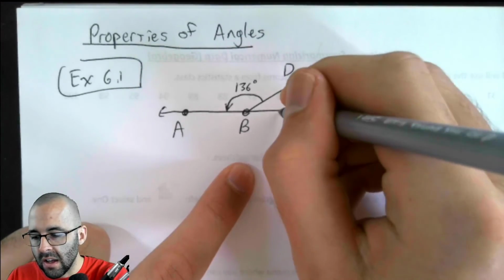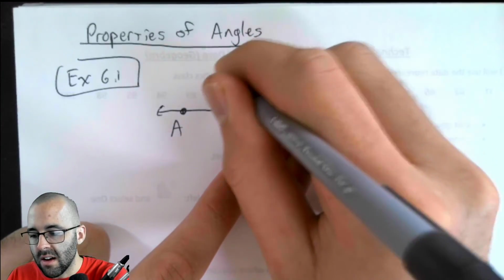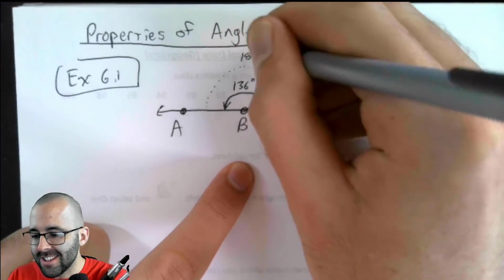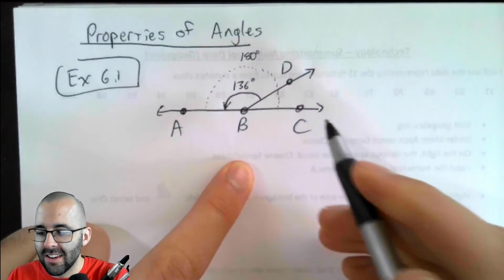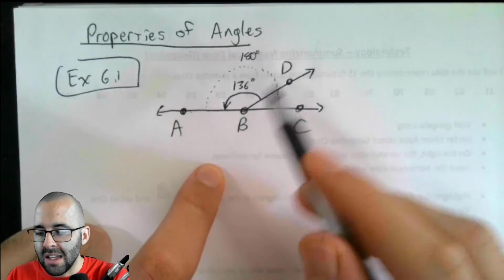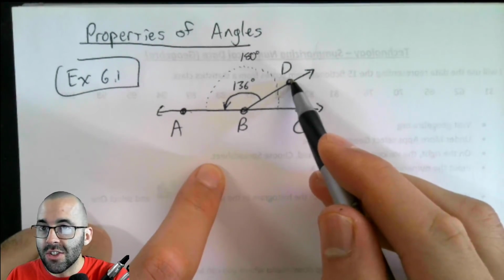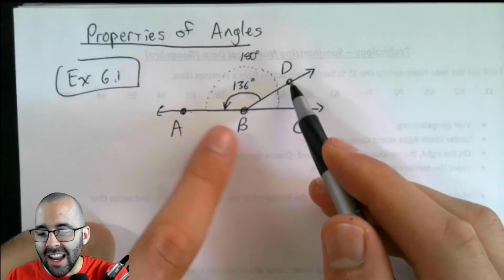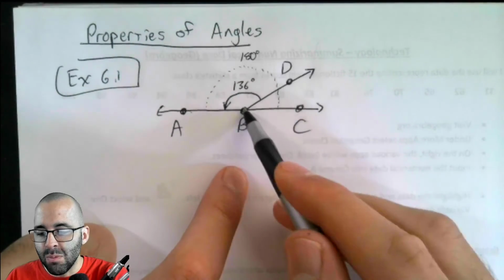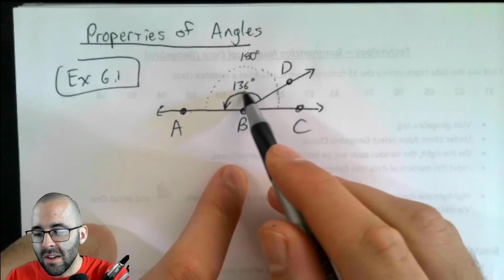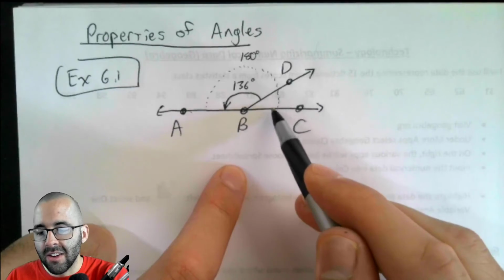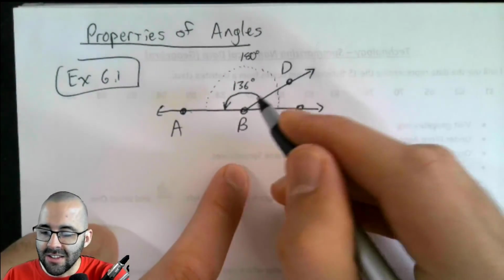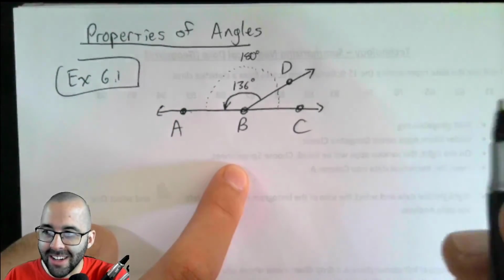So if this whole thing that I'm doing in a dashed line is 180 degrees, well then ABD is not complementary, it is a supplementary angle to DBC, right? Because if you add up this angle with this smaller angle, we get the whole 180 degree angle. So these two angles are supplementary.